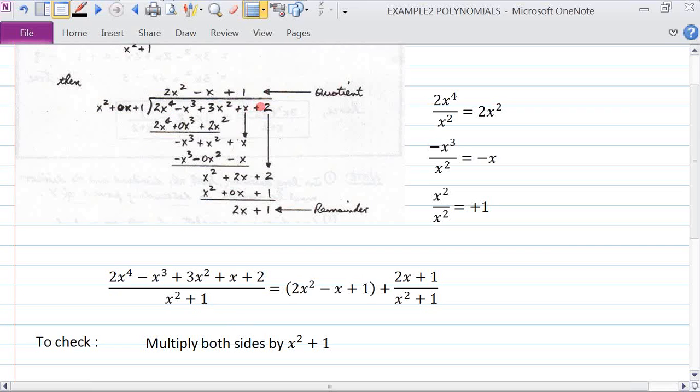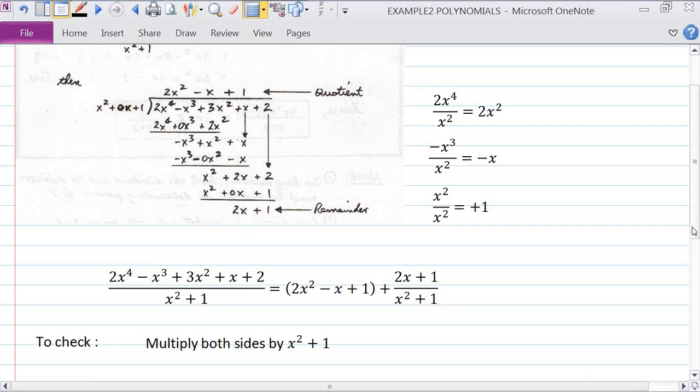So this is my divisor, this is my dividend. So dividend by the divisor gives me my quotient, which is right over here, plus my remainder, divided by my divisor right here. So there's my remainder, and this is divided by this right here.